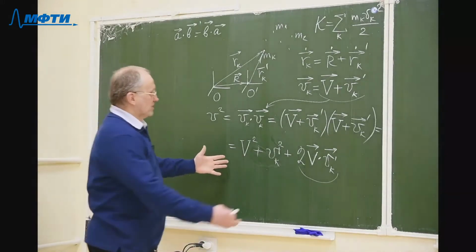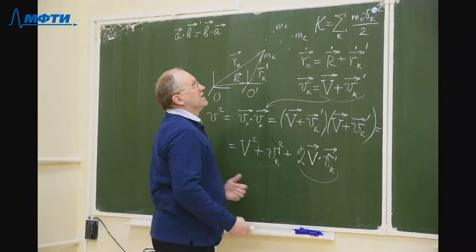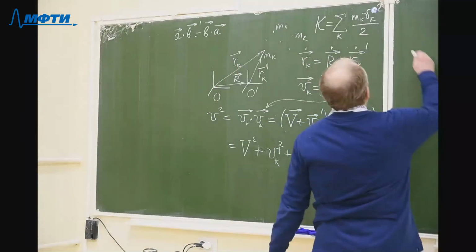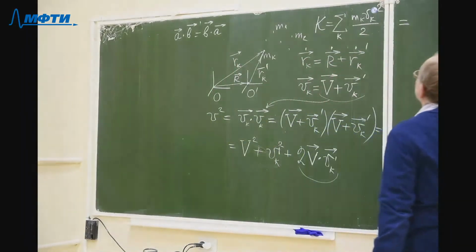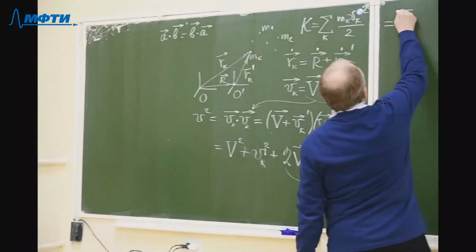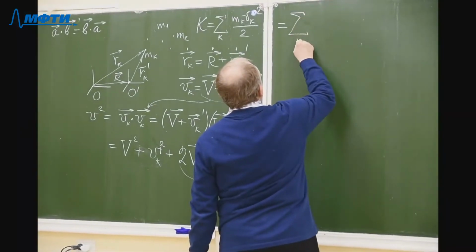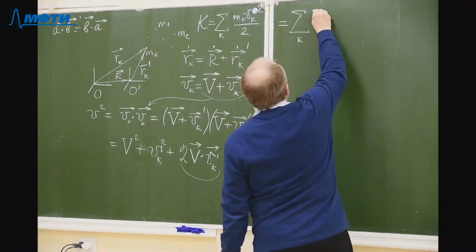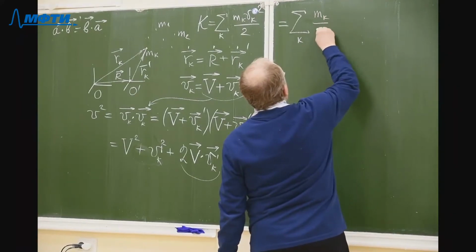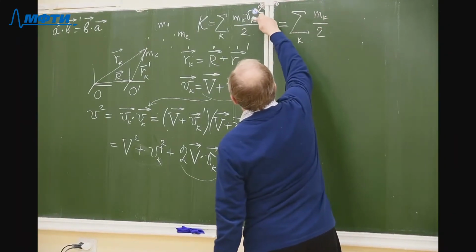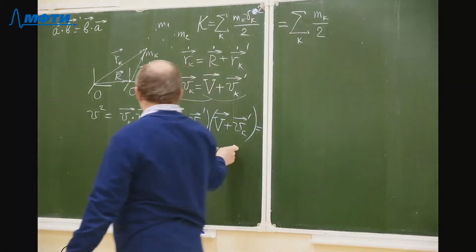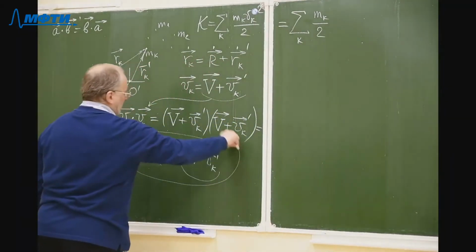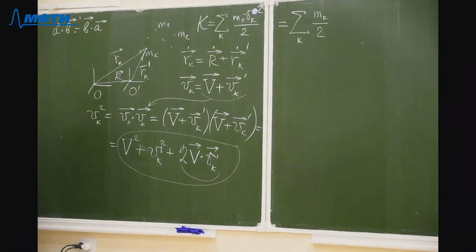So we have found the square of the velocity, which we need to calculate the kinetic energy. And I will continue this formula. Kinetic energy is the sum over all particles mk over 2. And instead of vk squared, I will use this expression.